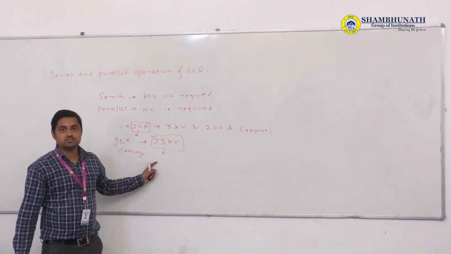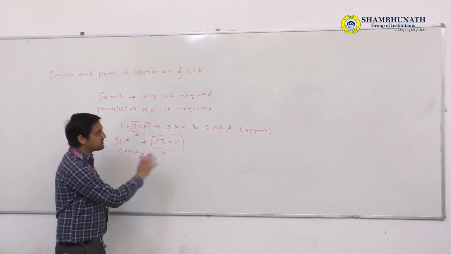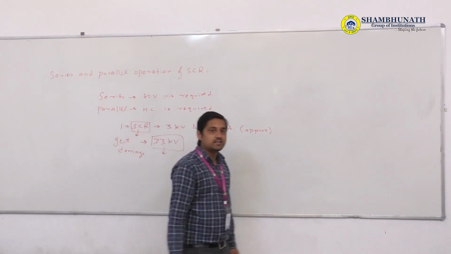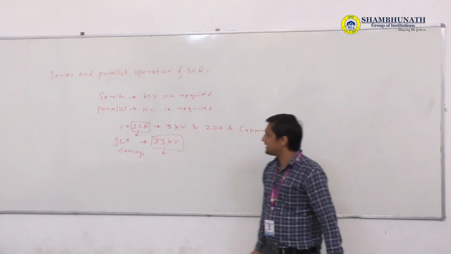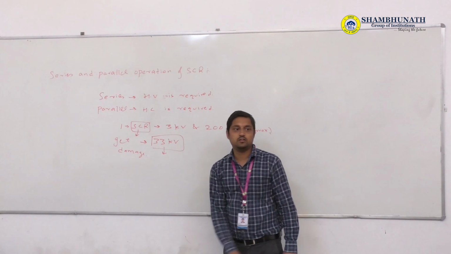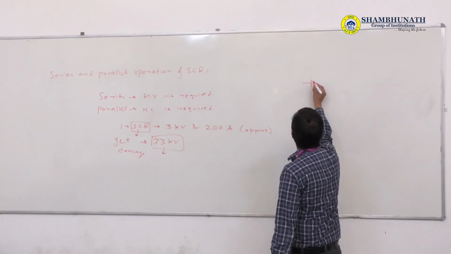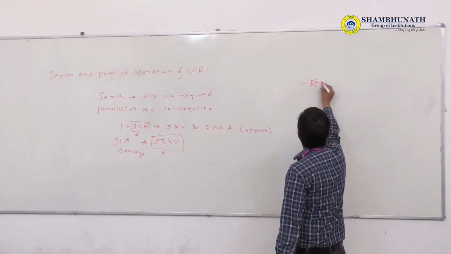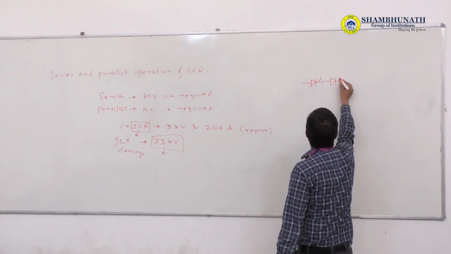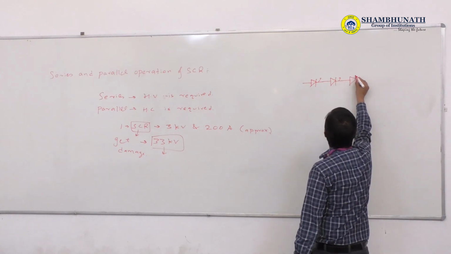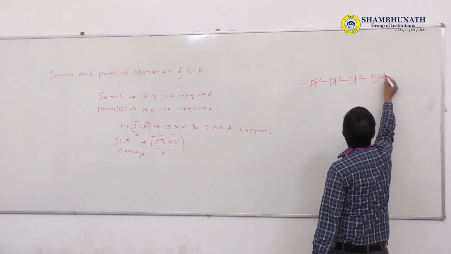To avoid this failure, we have to connect several SCRs in a series connection so that each SCR can share the voltage like this. We can connect n numbers of SCR in series.